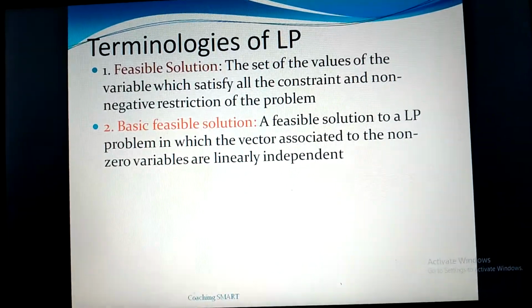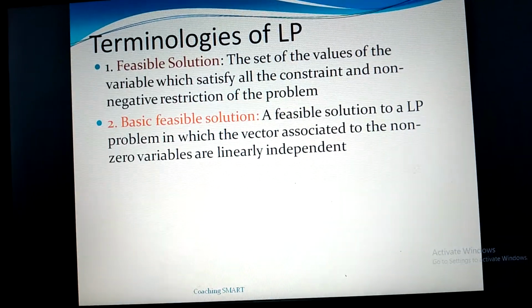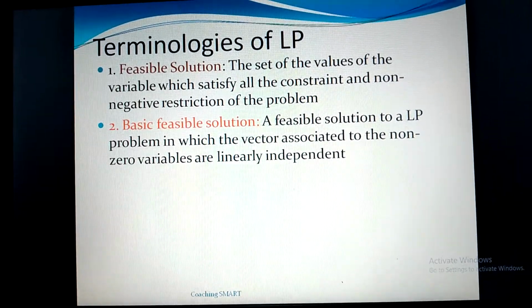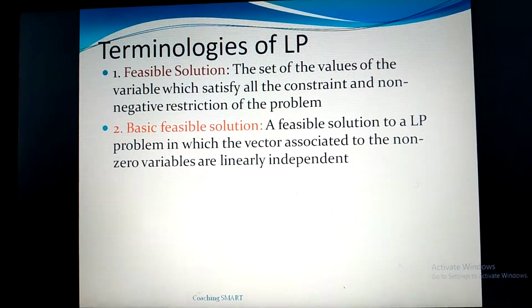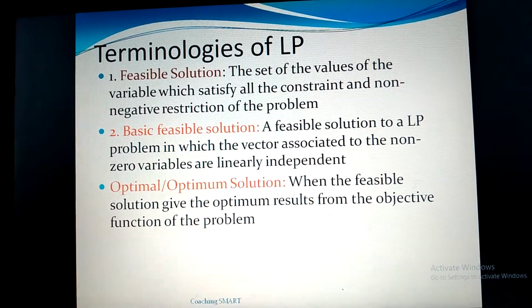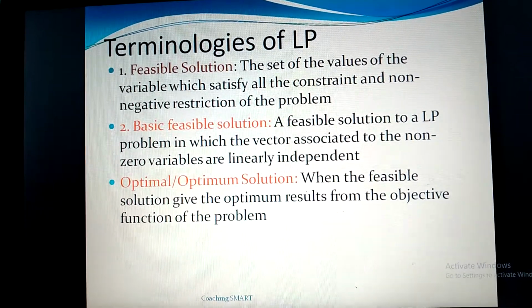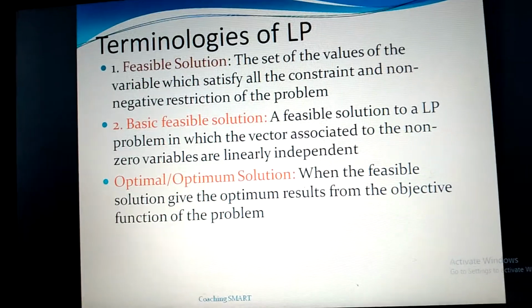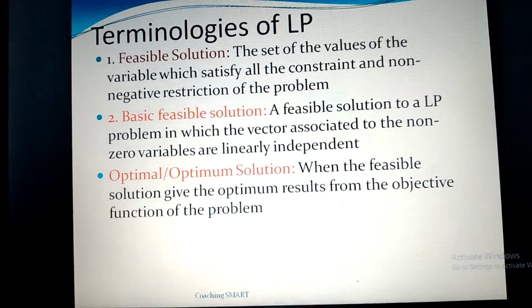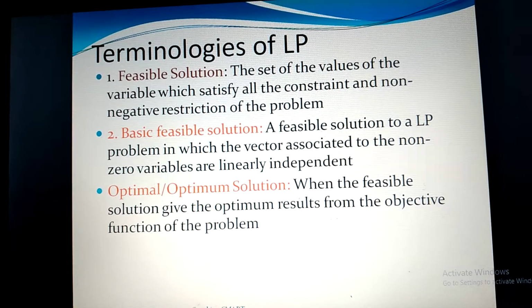Basic feasible solution, a feasible solution to a linear programming problem in which the vectors associated with the non-zero variables are linearly independent. Optimal or optimum solution, when the feasible solution gives the optimum result from the objective function of the problem.